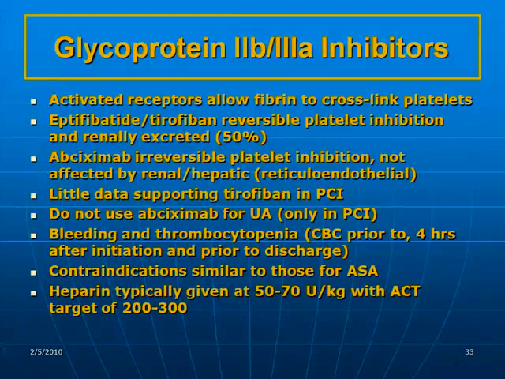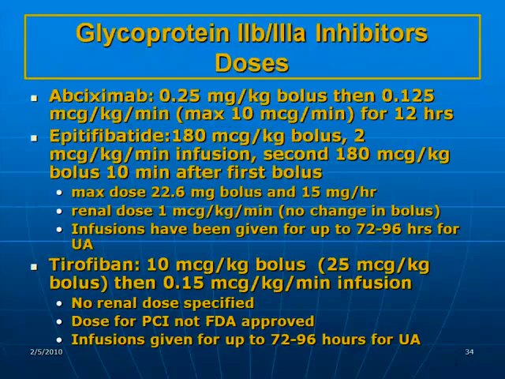A couple of things to keep in mind when we look at the different glycoprotein 2B3 receptor antagonists in slide 34. The doses that are used for PCI are a little different than the doses that were approved for prolonged infusion.